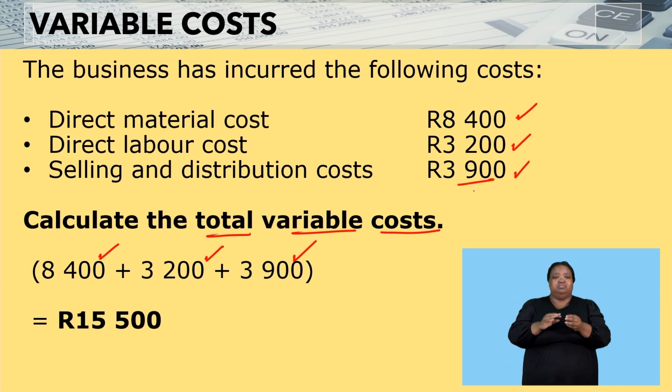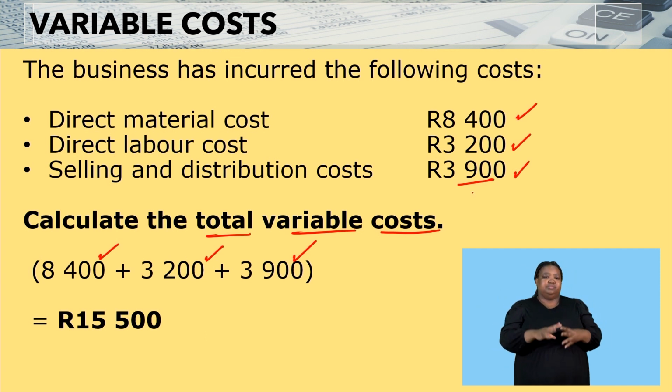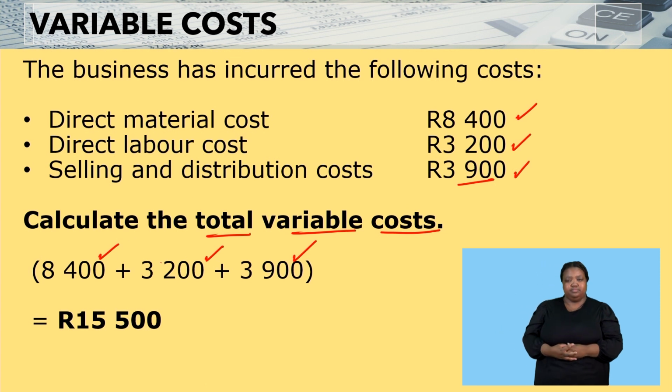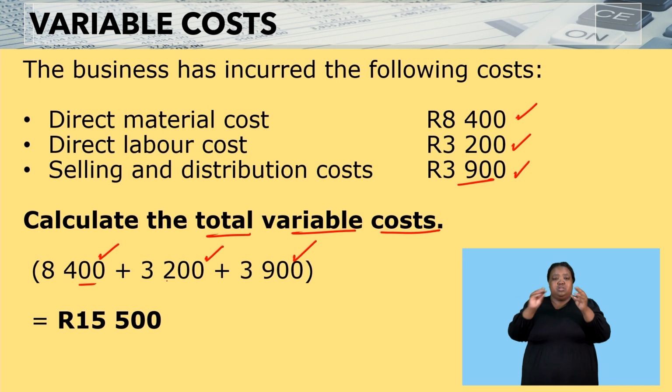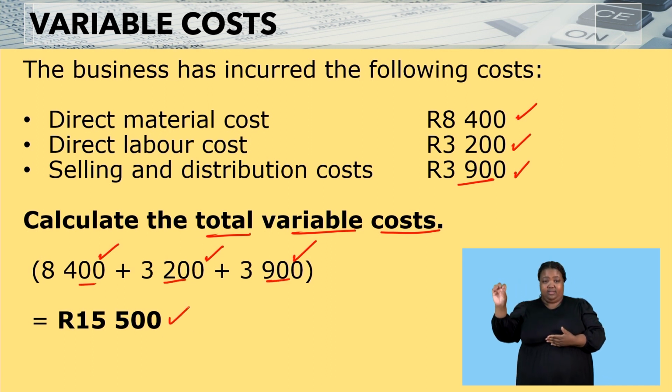So we add these three costs. The total therefore gives us 15,500. Once I get my 15.5, I have my variable cost. Remember, in your variable cost, it is your direct cost, your direct labor, direct material, and your selling and distribution cost.